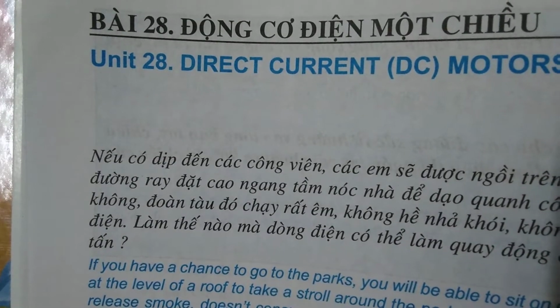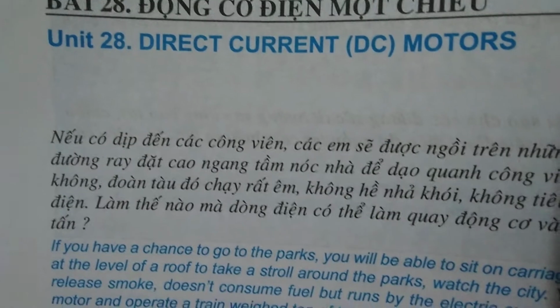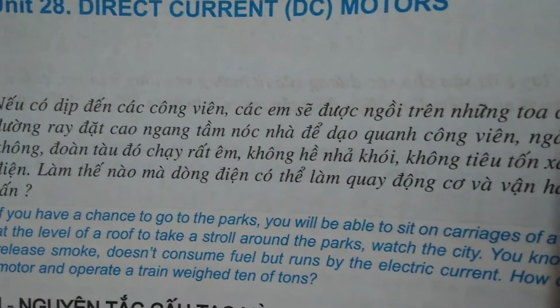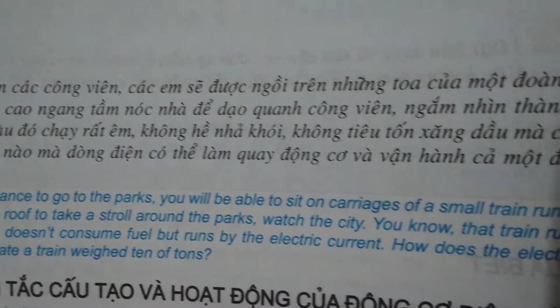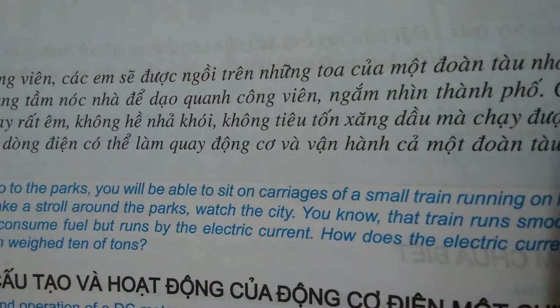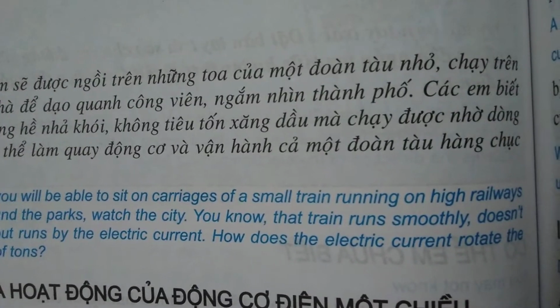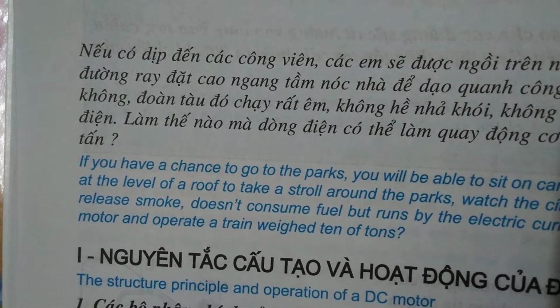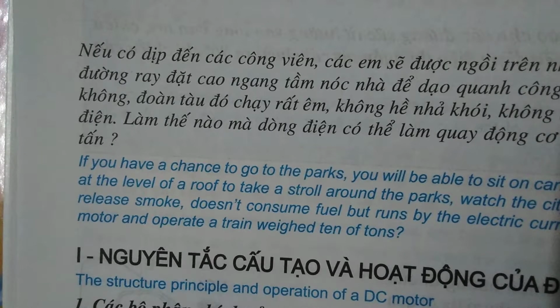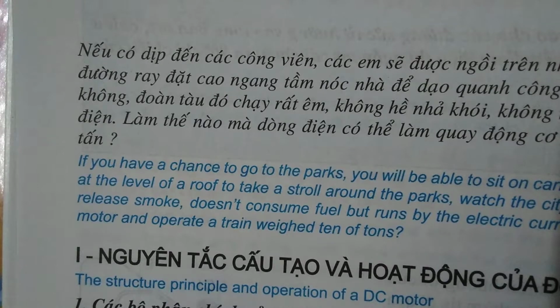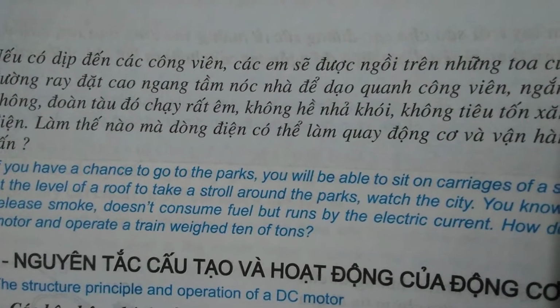If you have a chance to go to the parks, you will be able to sit on carriages of a small train running on high railways at the level of a roof, to take a stroll around the parks and watch the city.